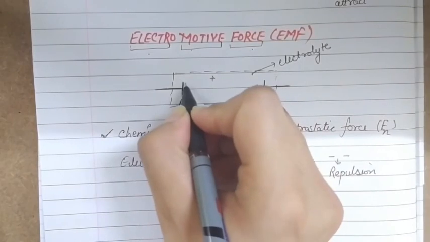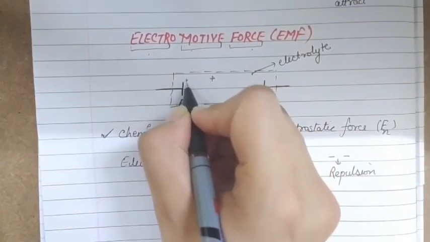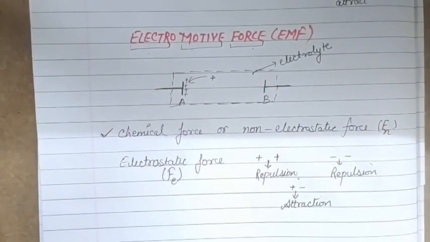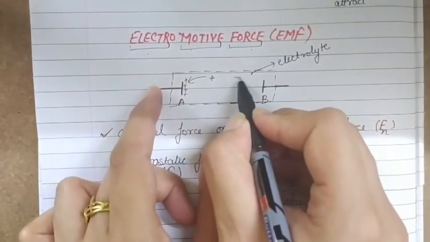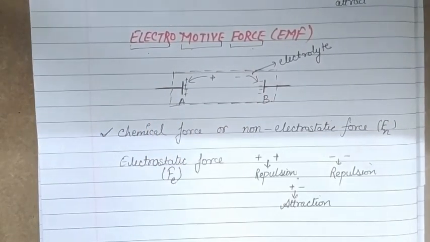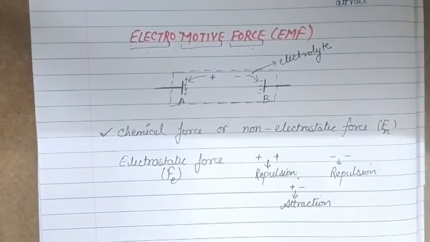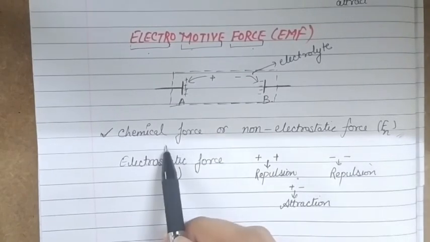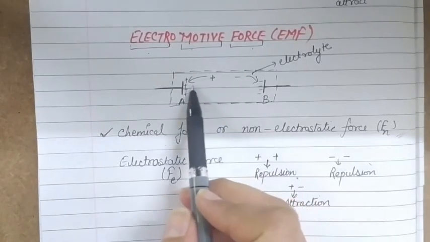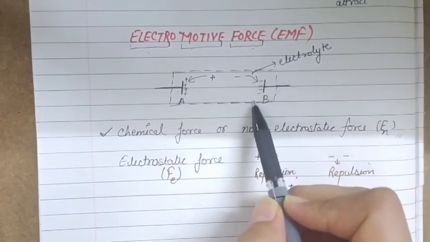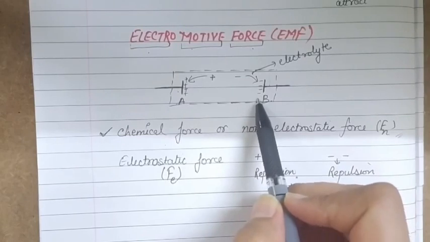Like positive moves towards positive, so all the positive charge accumulates on one side and all the negative charge will accumulate on the other side of the battery. Means we have two terminals, so because of this non-electrostatic or chemical force, all positive charge gets accumulated on one terminal of the battery while all negative will accumulate on the other terminal.